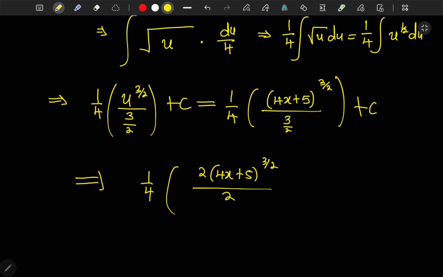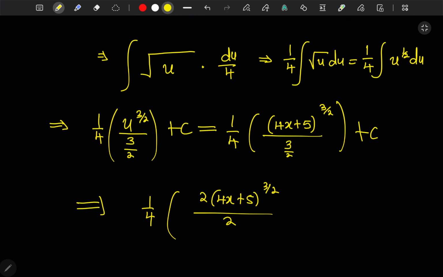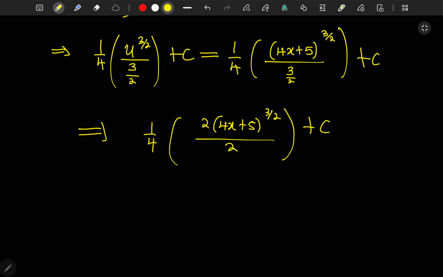Everything is under the root, is it? Yes. Then plus c. This is 3. 4 and 3 multiply, what do you get? 12. Then there's a 2 there, so we get 2 times (4x plus 5) to the power 3 over 2, over 12, plus c.